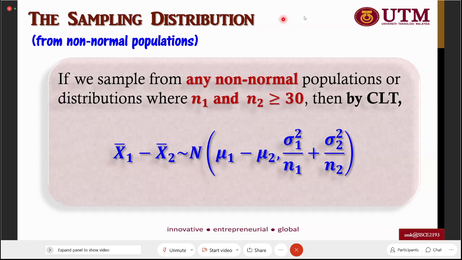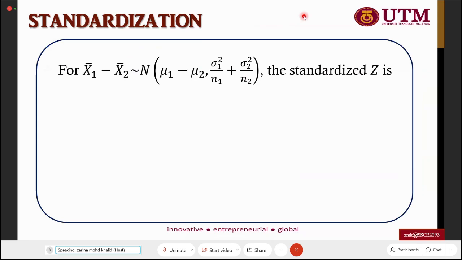All right. So when we know that this difference of sample means is normal, then you can use the normality approach to solve probabilities for x bar 1 minus x bar 2. But first you need to standardize. Again, you do have this formula in the statistical table booklet.